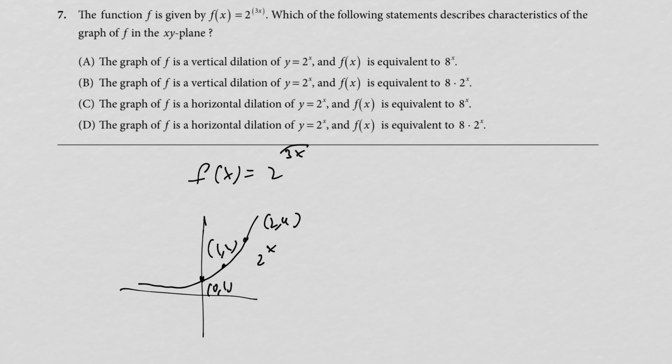But when you put this 3 here, changing the x into 3x generally makes everything horizontally compress, like the x value gets divided by 3. So it's a horizontal dilation.